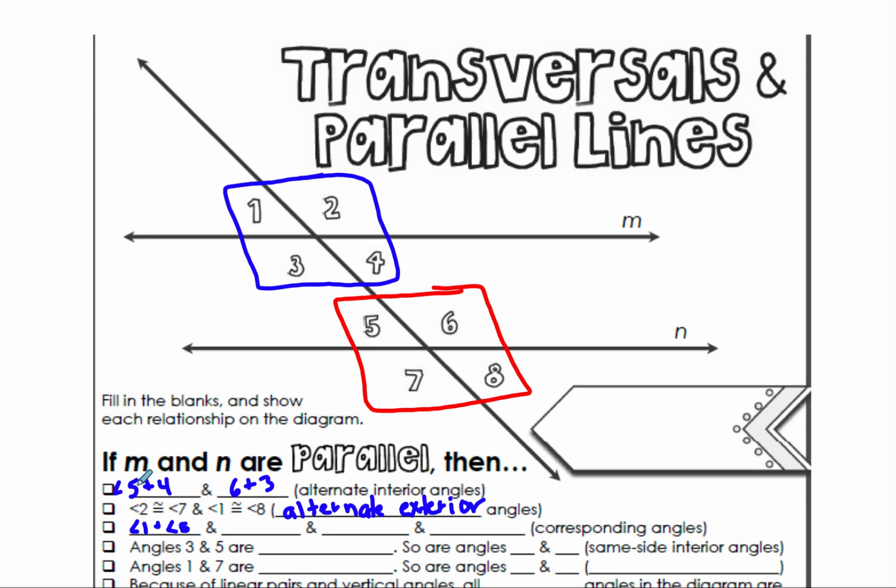I forgot my angle signs here. Go stick them back in. Okay. All right, so angle 1 and 5, top left corner. Angle 2 and angle 6, top right corner. Those are corresponding. Angle 3 and 7, bottom left corner. Those are corresponding. And angle 4 and 8. Those are corresponding.